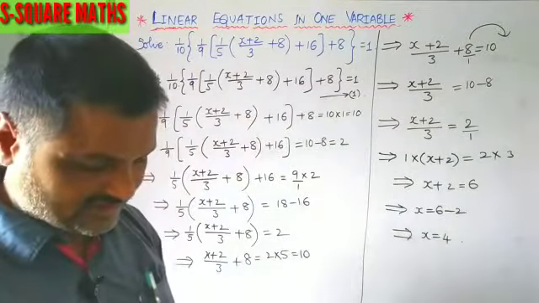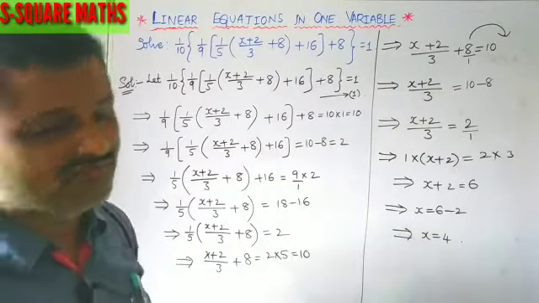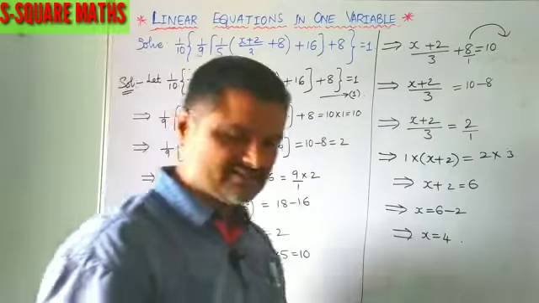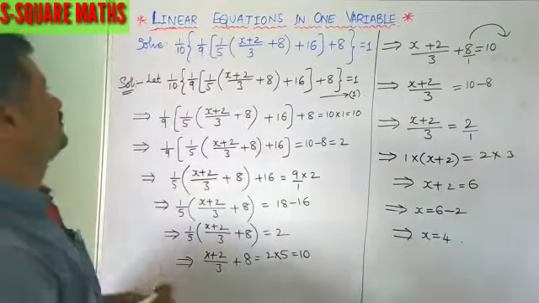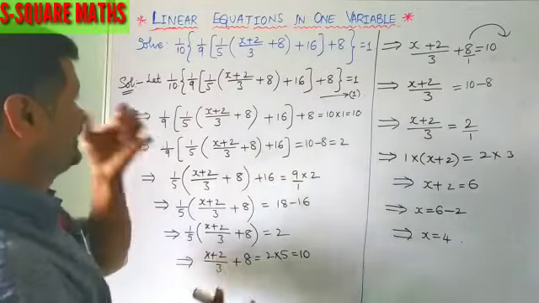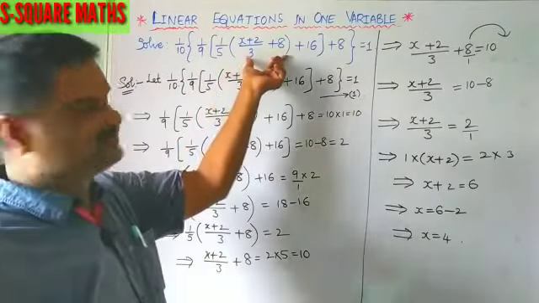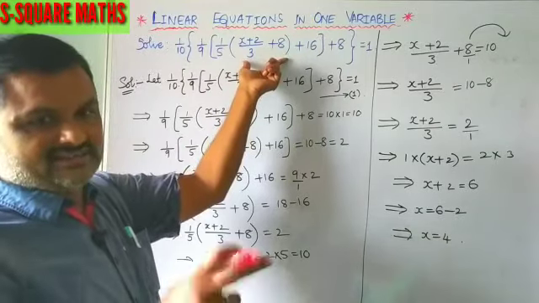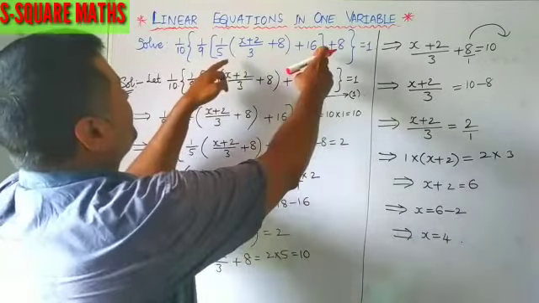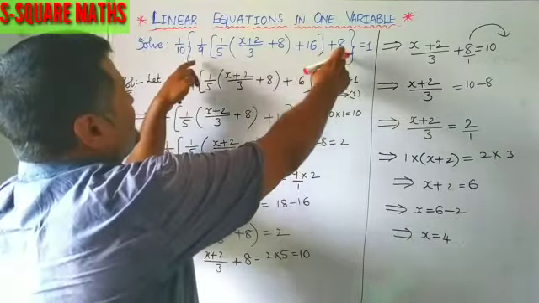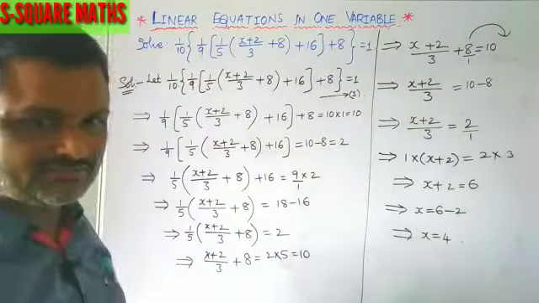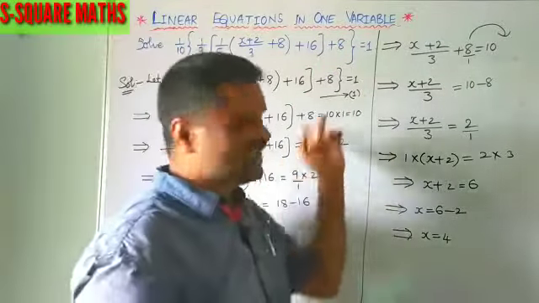So let us review the various steps I have done to get the answer. Many of the students will be performing the LCM in the open brackets, simplifying, again performing the LCM, again the total. This is a long process.